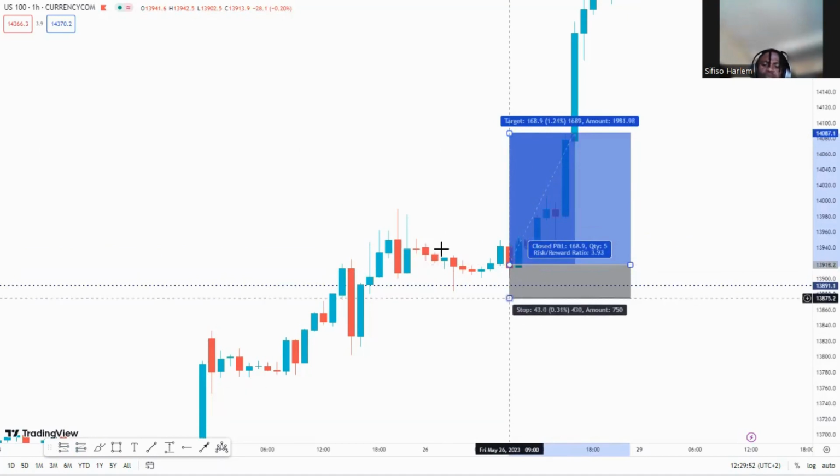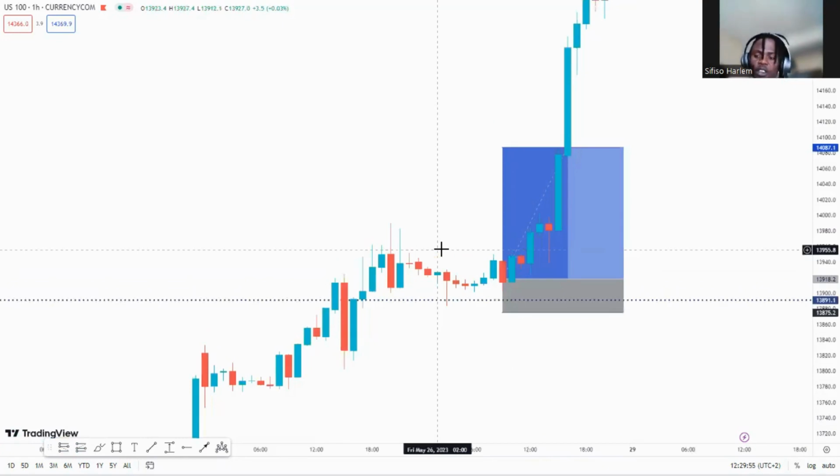So people, if you come across something like this on the charts, if price creates those highs and price violates those highs, trading above those highs, we anticipate that as long as price is still trading above those highs, we still look for that continuation to the upside.